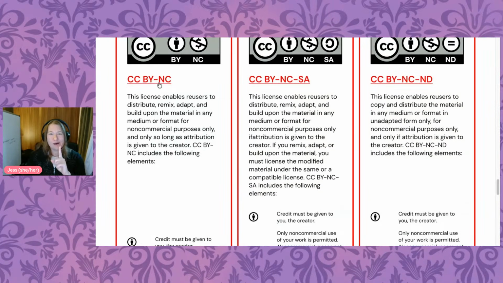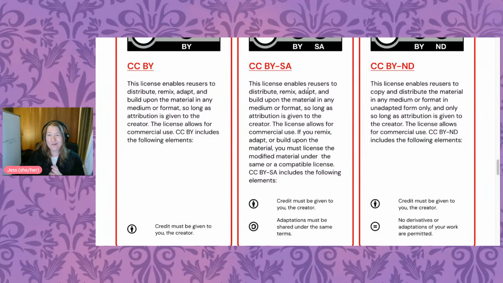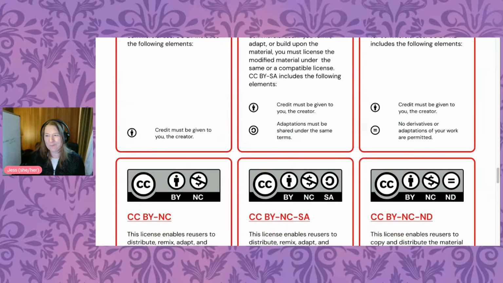CC BY NC, Creative Commons, by attribution, non-commercial. Now we're seeing combinations. CC by attribution, non-commercial SA is a lot like the SA up here. Remember, SA is saying that if you build something new on it, the new thing you build has to have the same license.